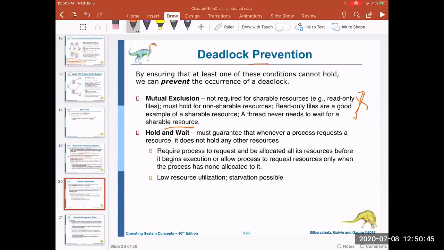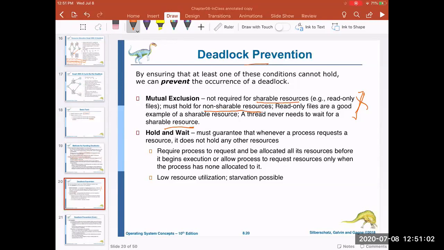So first we started thinking of whether we can relax mutual exclusion or not. Mutual exclusion is not required for shareable resources, but must hold for non-shareable resources.